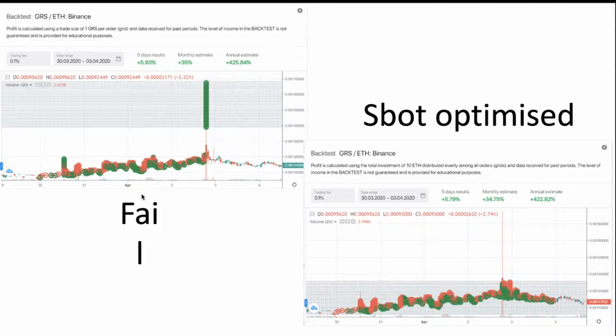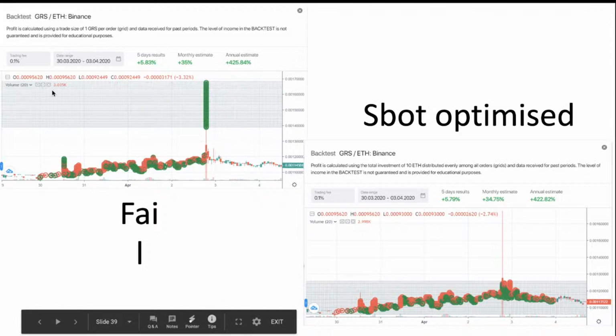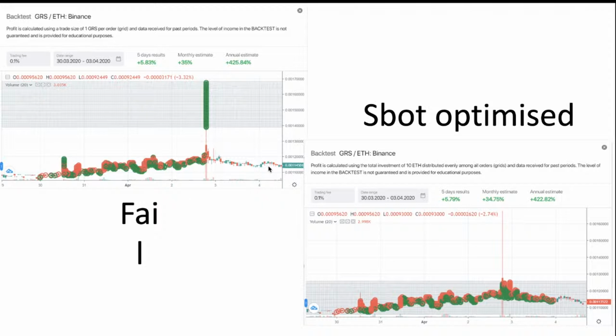Otherwise, like in this case, on the left side there is a chart. You see that here is the pump, and without the optimization that we currently have, the majority of your buy orders would be executed at the very top right here, and then you see a consequent drop, and that means that you would buy very high and would be significantly affected by the price depreciation. So that's something you want to avoid.